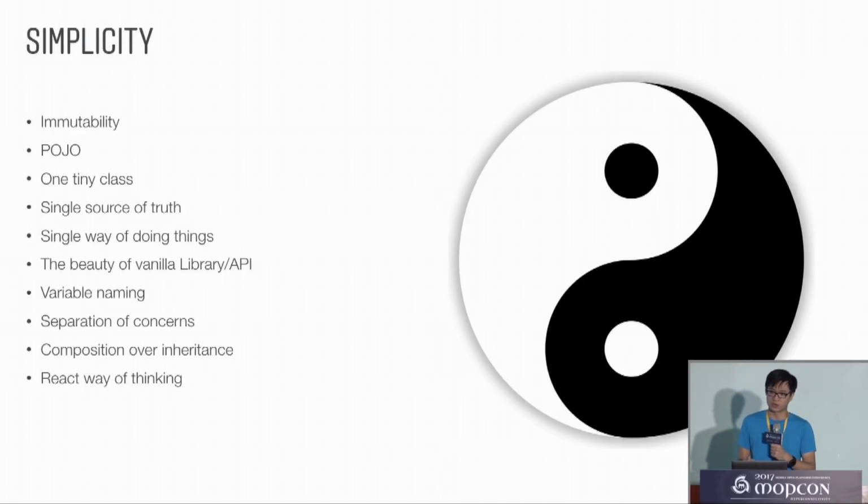Sometimes you even want to forget some principles so that you can use them wisely. So it's more like Tai Chi Chuan. The one thing you need to remember is simplicity. Trying to make your code simple is the way to write quality code.